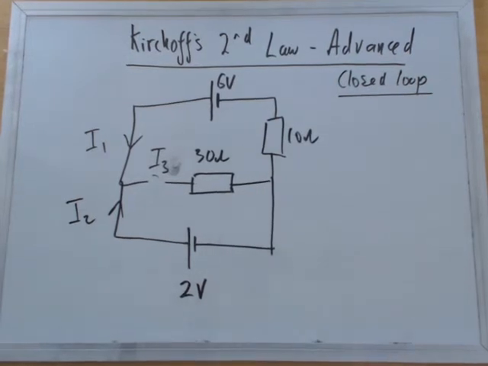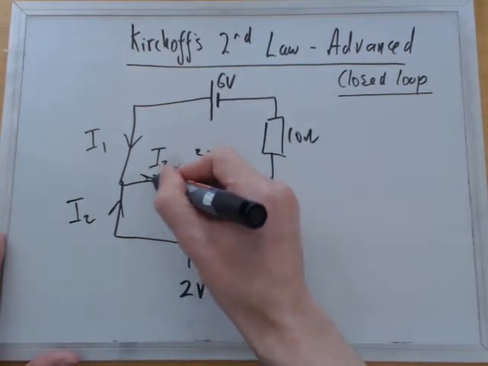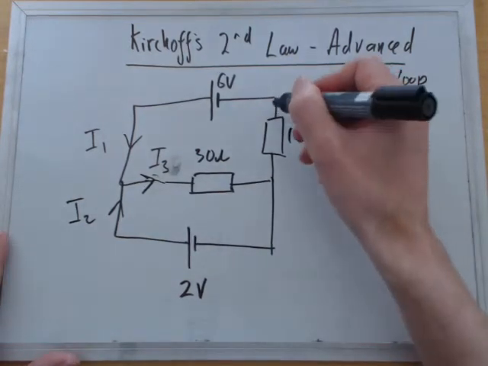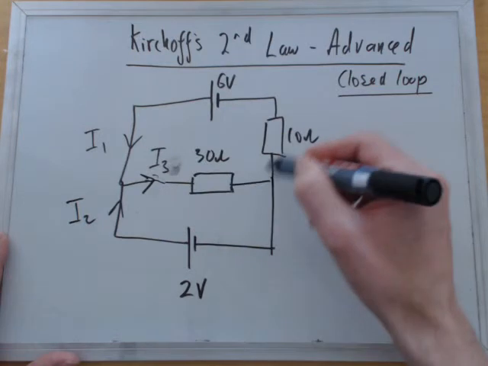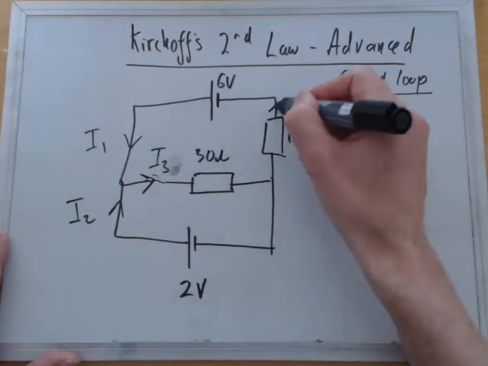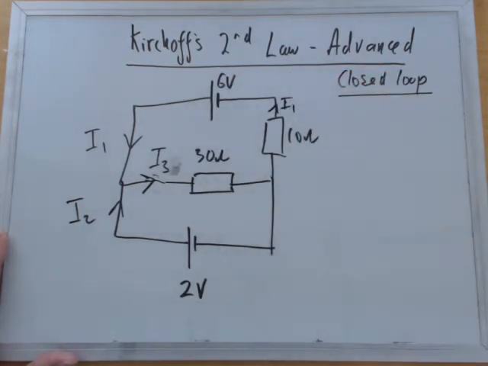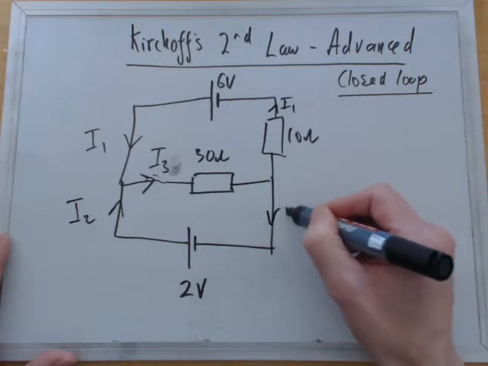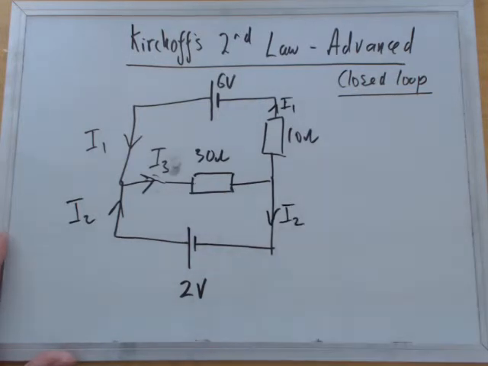So what we'll find is we can now have a look at what's going on. And of course, if that's I1 there, that must be I1 there. And if that's I1 there, of course, that's I3 there. This here, in fact, must be I2. Okay.